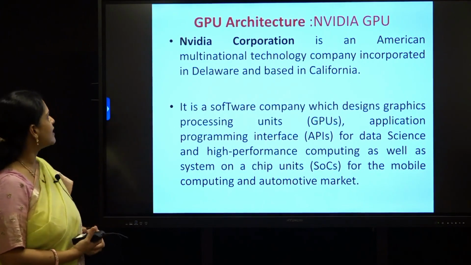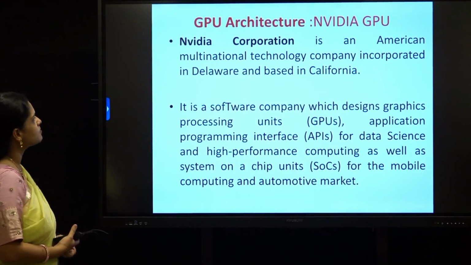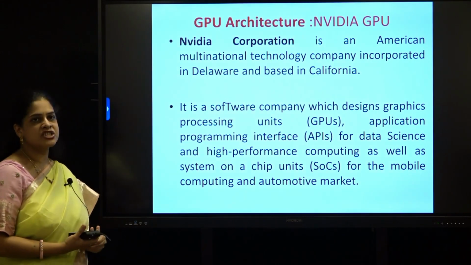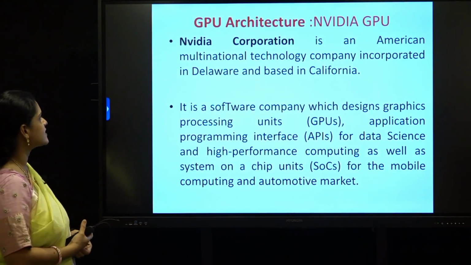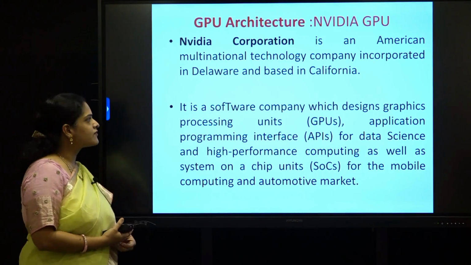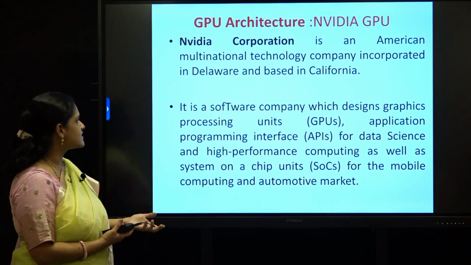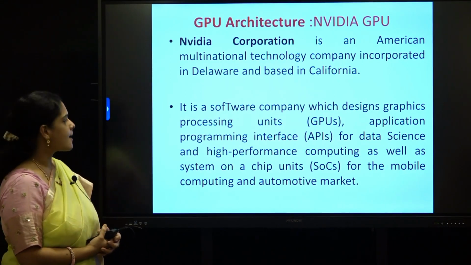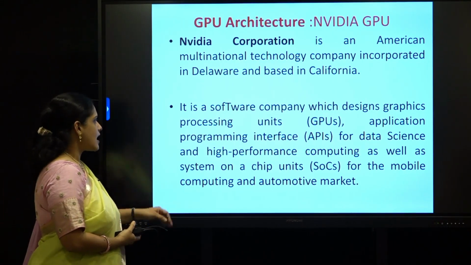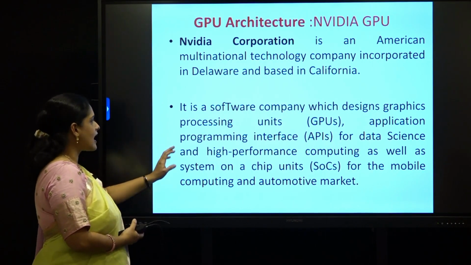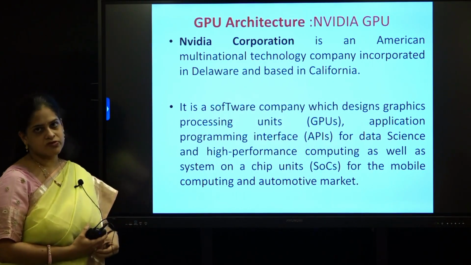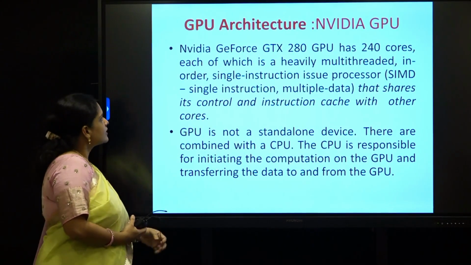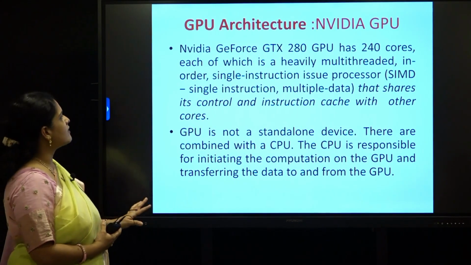NVIDIA is a GPU designed by NVIDIA Corporation, an American multinational technology company based in California, which designs graphics processing units or GPUs as well as APIs, application programming interfaces, and high performance computing. We are going to focus on NVIDIA GPUs.